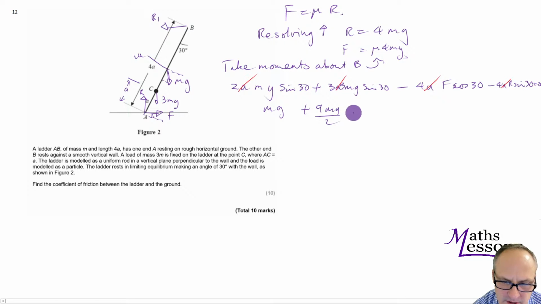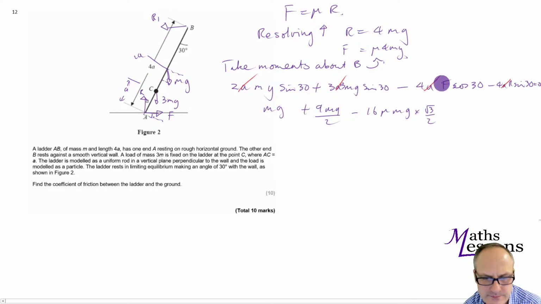So I'm going to have minus 16 mu mg times root 3 over 2. So we've got the mg, mu times 4 mg times by the 4. That gives me the 4f bit, and then times cos 30, which is this bit. And then we've got r equals 4 mg, so I'm going to have a 16 mg times a half, so that's going to give me 8 mg equals 0.